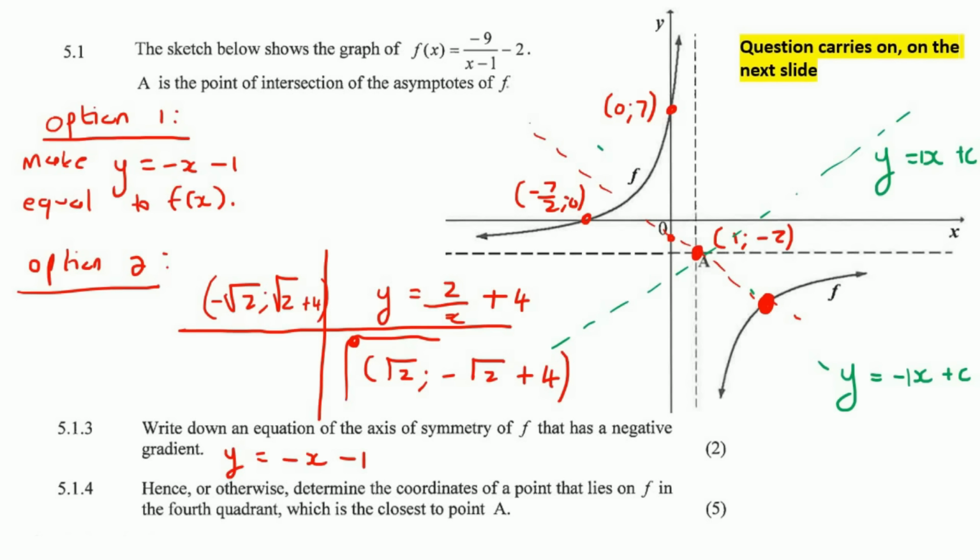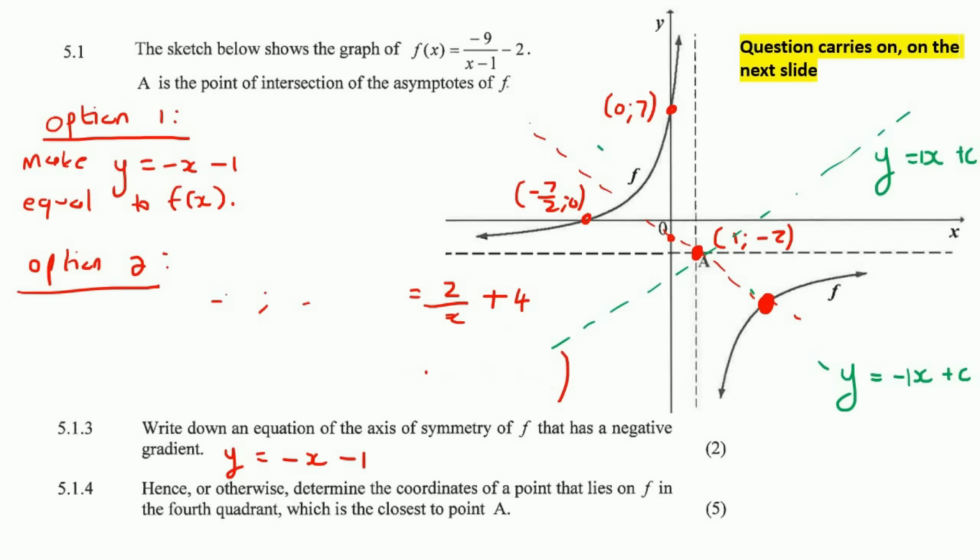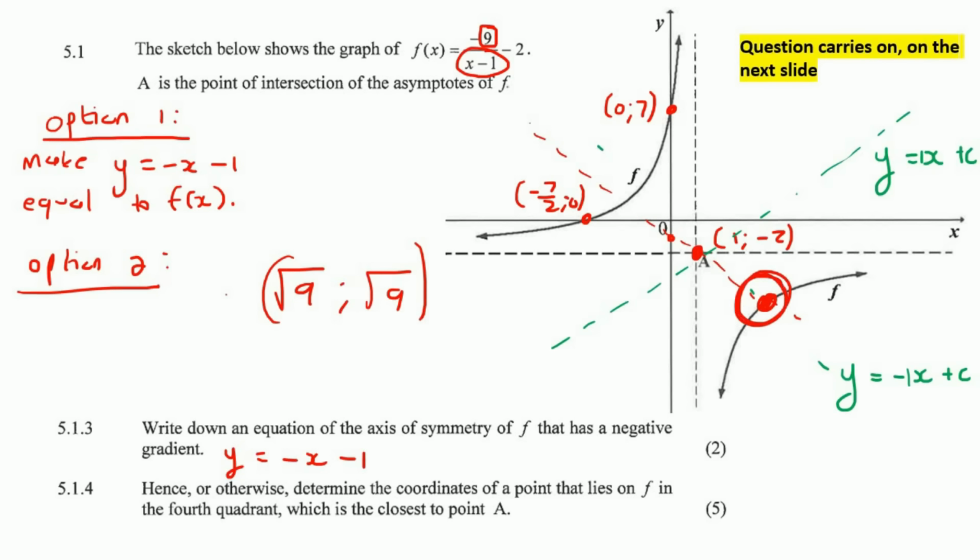Now, in grade 11, we can also move the graph left and right, and up and down. Okay, so what we'll do is, to start off, to find this point over here, we take the square root of this number. You don't worry about the negative, you just take the square root of the 9. So that's going to be square root 9 and square root 9. Okay, but now that's not the answer. Now we need to do some modifications. First of all, this point here always has a positive x and a negative y.